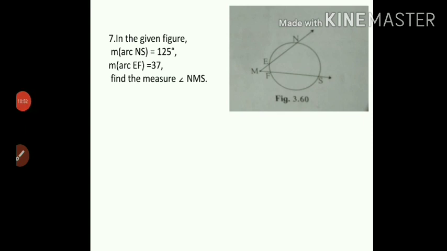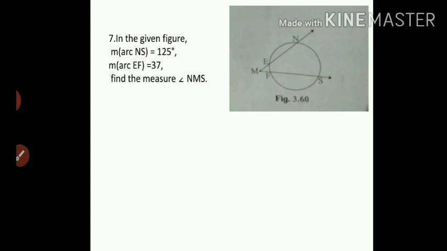Now see question number 7. In the figure, major arc NS is given 125 degrees and EF is given 37 degrees, and you can see there are two chords, that is NE and SF.